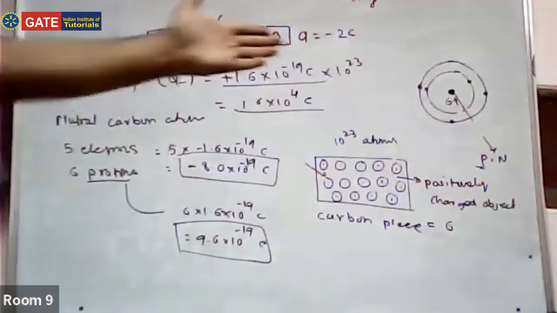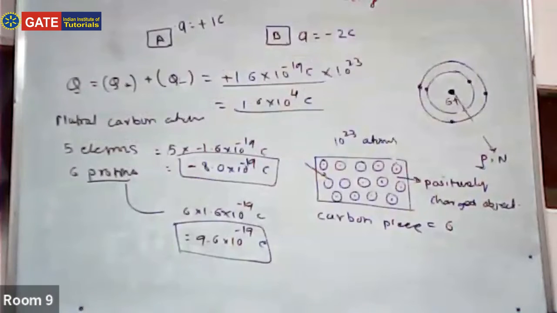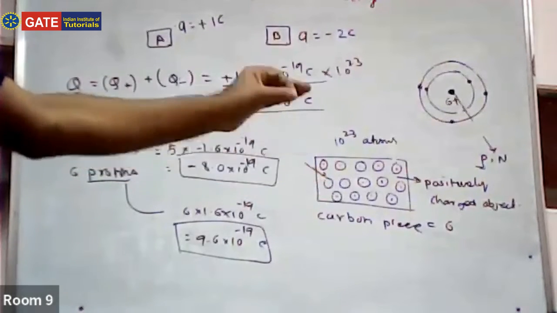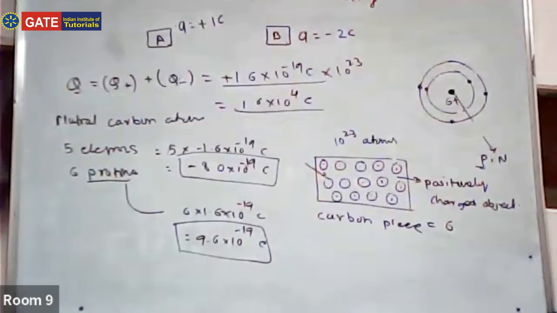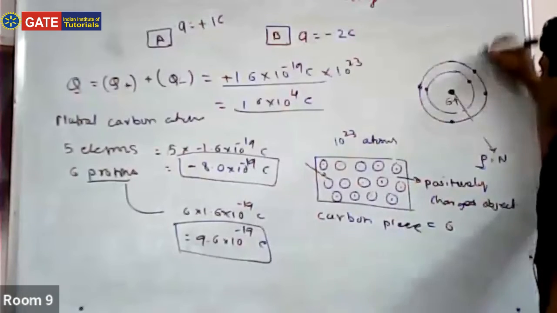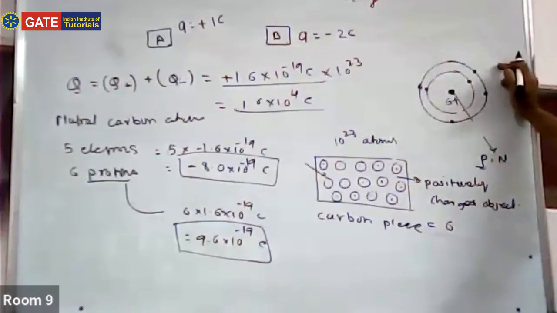To make a positive charge, you withdraw the electrons. So to make a negatively charged particle, body or atom, what will you do? You will put extra electrons in this atom, right? Initially there were 6 electrons.